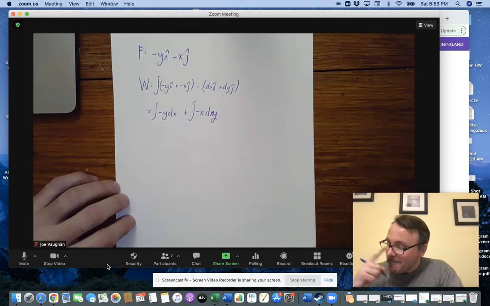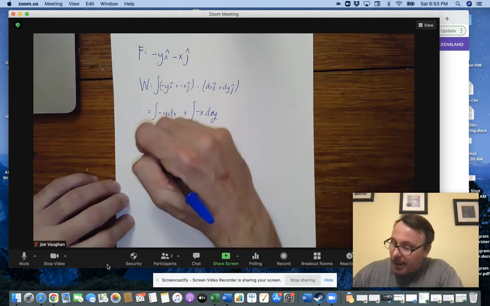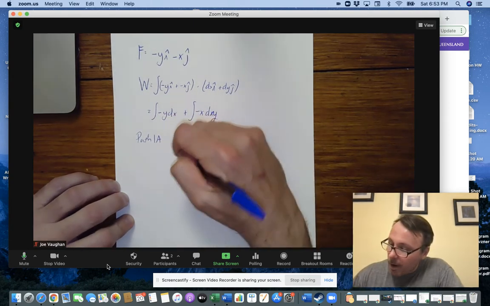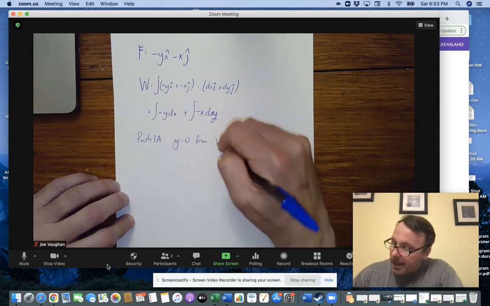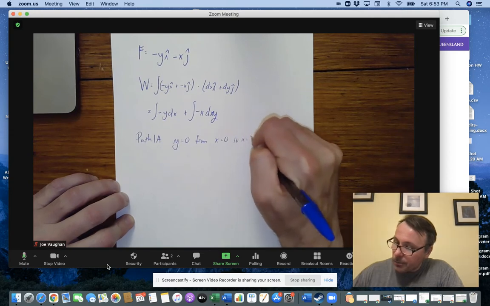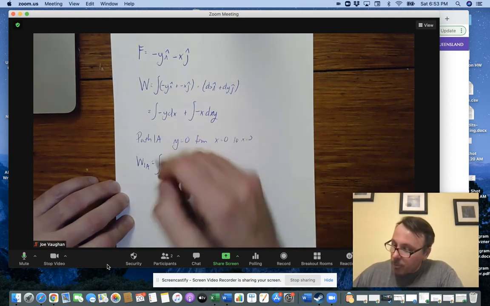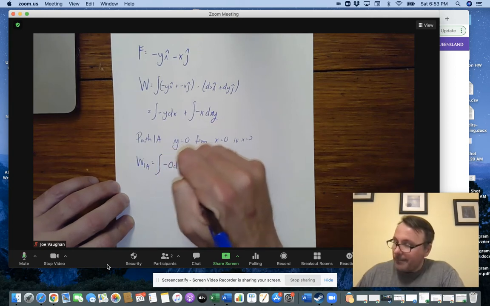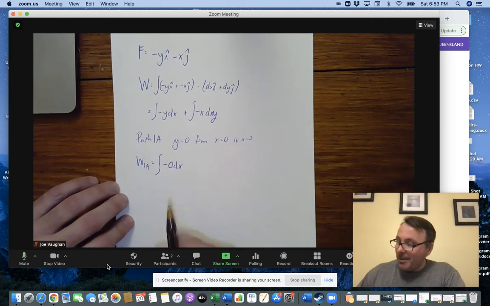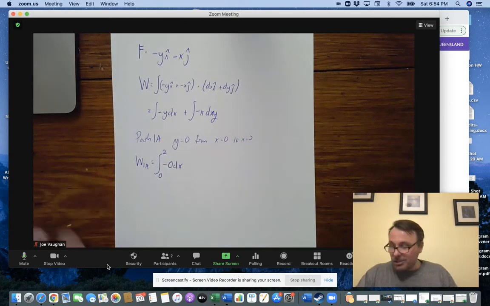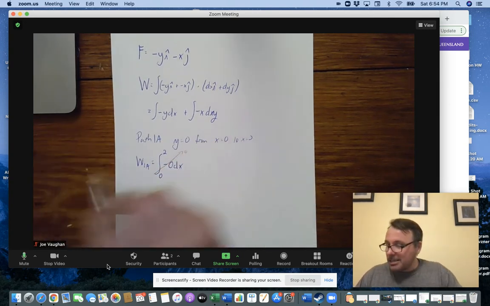So here we go. Path 1A. Once again, what is path 1A? That's along the line y equals 0 from x equals 0 to x equals 2. So work 1A, here we go. Ooh, along the path y equals 0, that's going to be great. That's just going to solve that problem there because even though I'm going from x equals 0 to 2, that whole thing is just going to zero out, nice and simple.